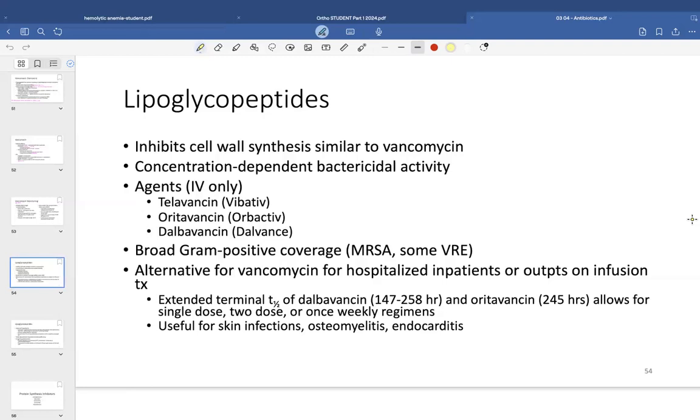Dalbavancin has a long elimination half-life, which gives it prolonged coverage. A classic example would be an IV drug abuser with a skin infection who is not going to be a reliable patient after sign out. And I've seen dalbavancin just be given as an infusion.